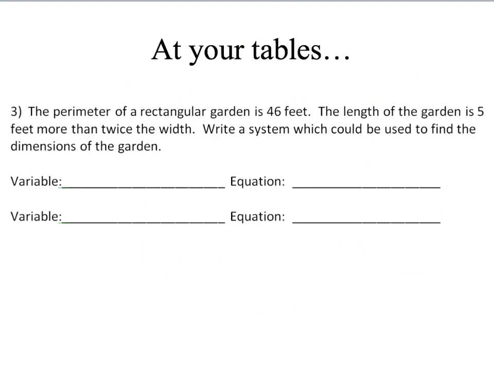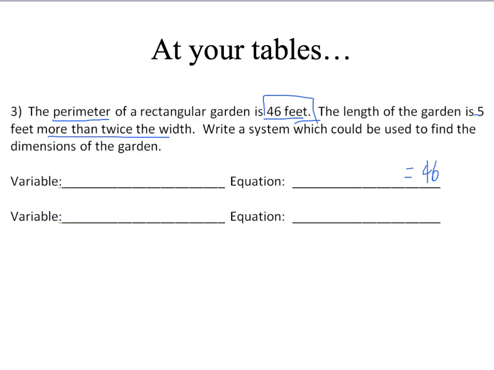It says the perimeter of a rectangle is 46 feet. The length of the garden is 5 feet more than twice the width. Write a system that could be used to find the dimensions of the garden. All right, so we were given another total. It didn't say the word total, but perimeter is a total.